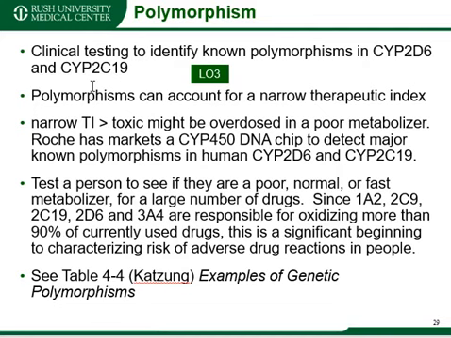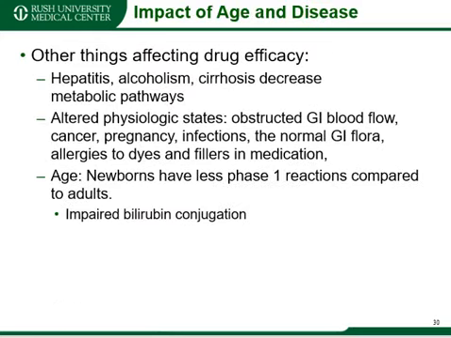Now they've got some of these cytochrome P450s on DNA chips, and so what we can do is we can actually put the drugs on there in an in vitro assay and see how quickly they are actually biotransformed into their specific metabolites. We can pre-test people, and we can predict adverse drug reactions. And so this is kind of the wave of the future, and you'll see a lot more of this in your clinical practice in the upcoming years.